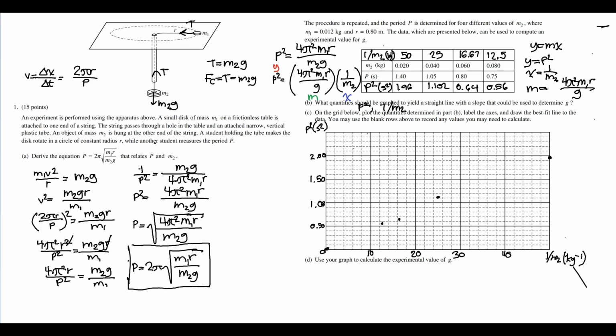So let's draw a good line, a line of best fit.